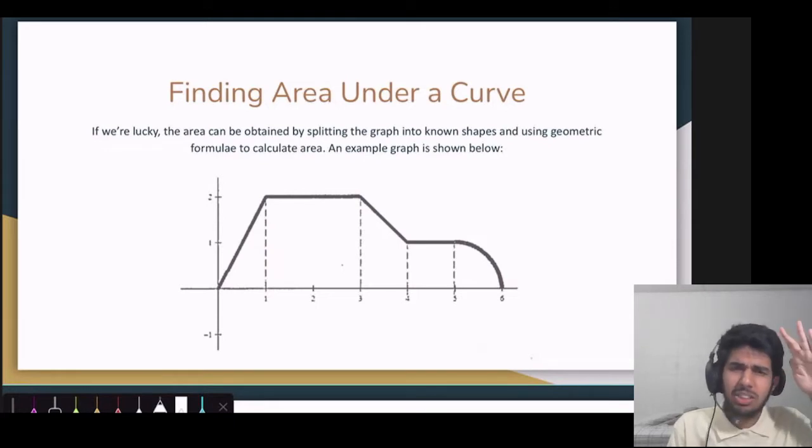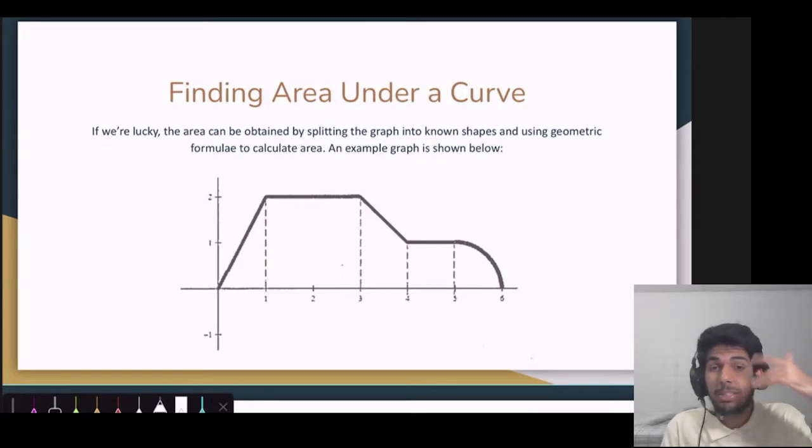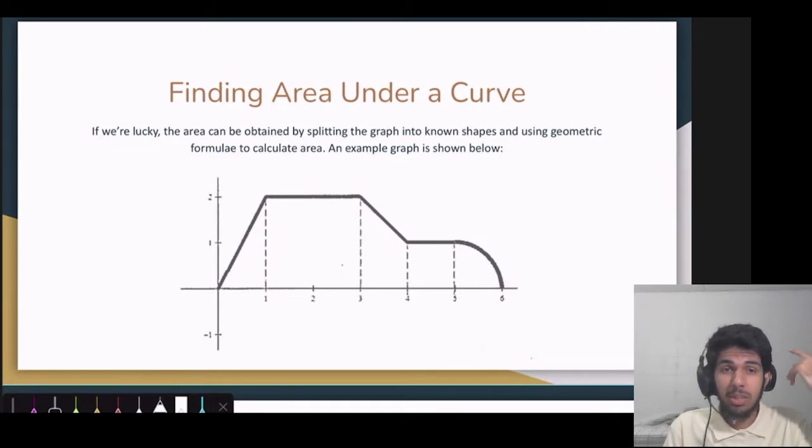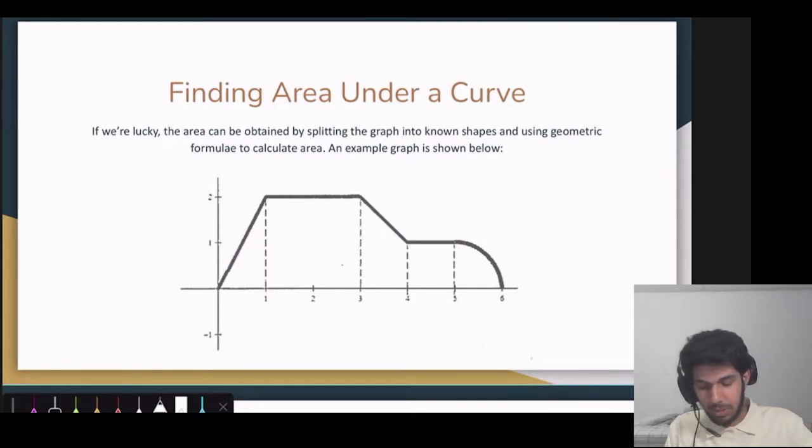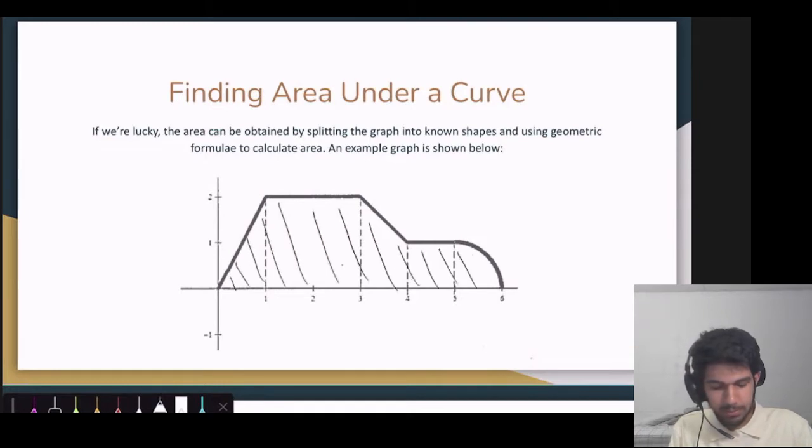So if we're given just some random curve, if we're very lucky, we can just compute the area by splitting up the graph into some known shapes that we know well, and just use some geometric formulas that we know to compute the area. So we have a graph below here. We want this area underneath the graph and above the x-axis, right?